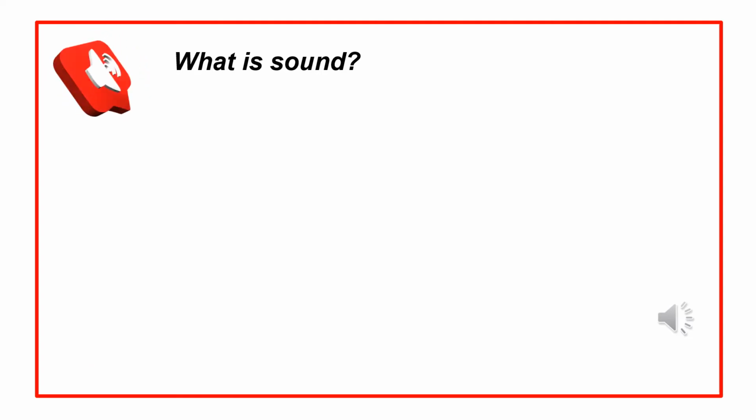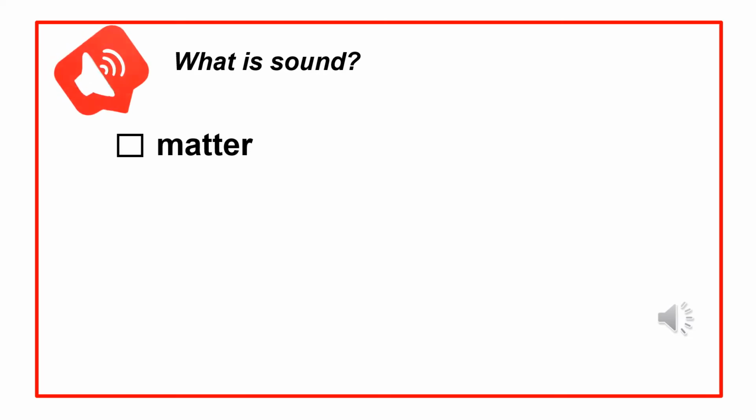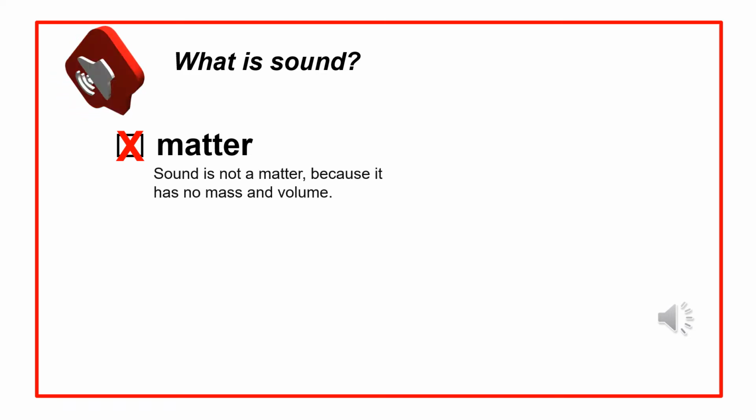Now, is sound a matter? It is not. Sound is not a matter because it has no mass and volume. When we say mass, it refers to something an object is made of. And when we say volume, it refers to the space the object occupies.